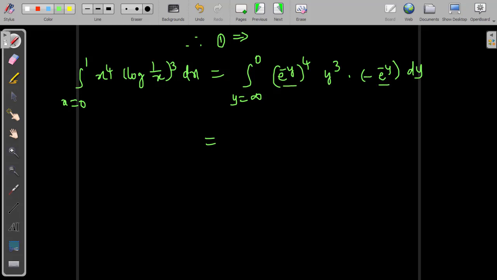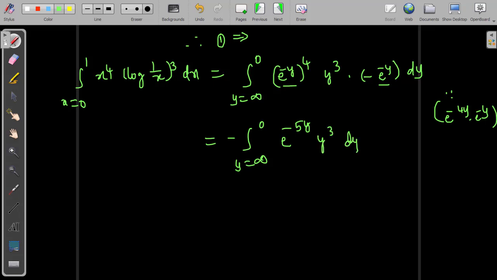This minus I will write outside. Minus integral y from infinity to 0. Bases are equal, adding powers: 4 is multiplied with y, so e power minus 4y times e power minus y. Bases are equal, add powers, which gives e power minus 5y, multiplied by y power 3 dy.